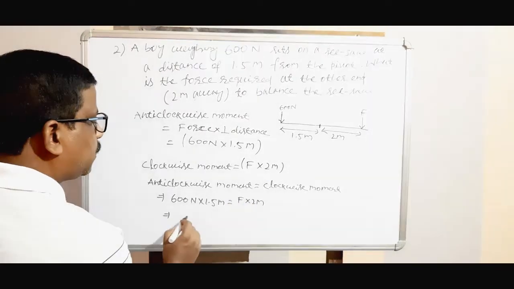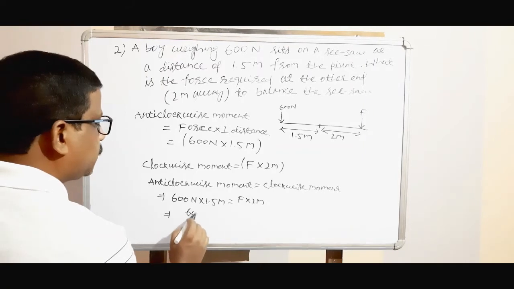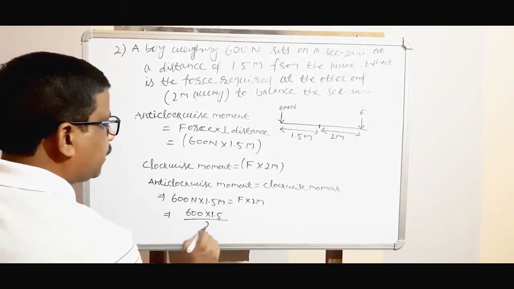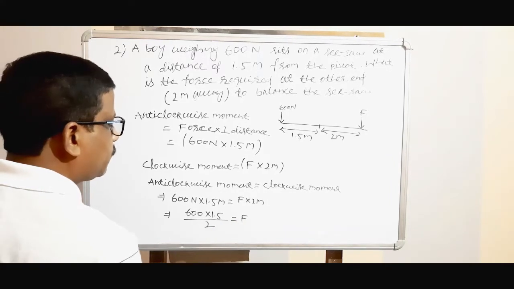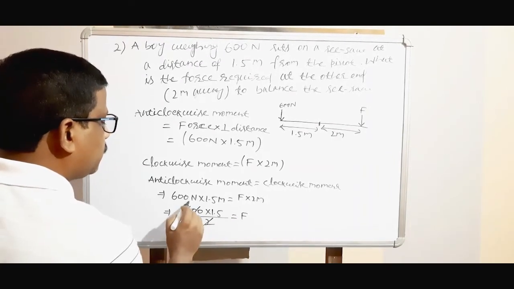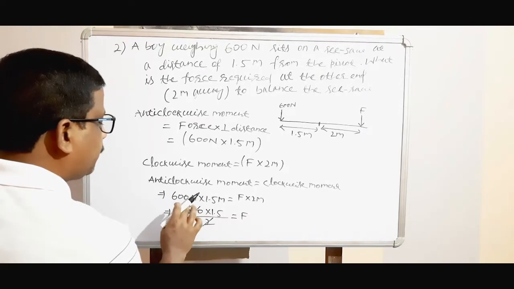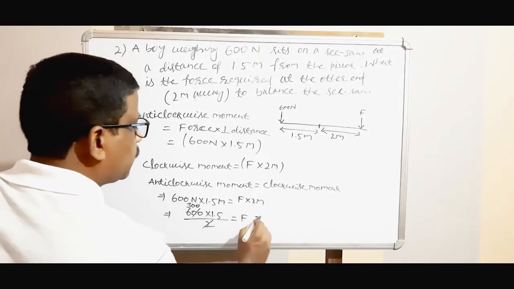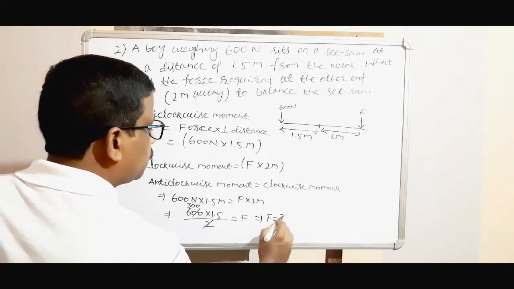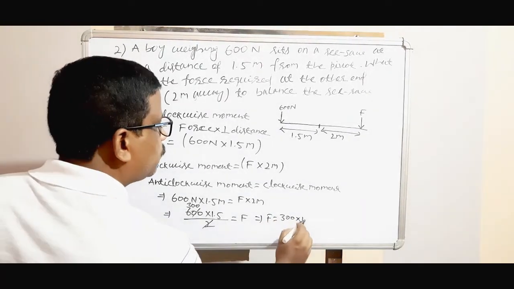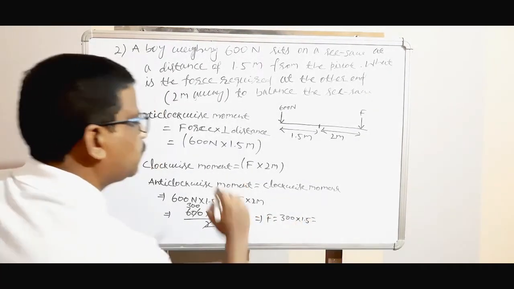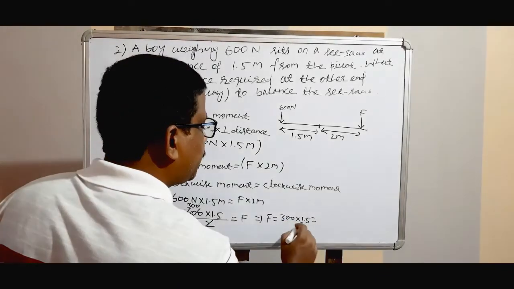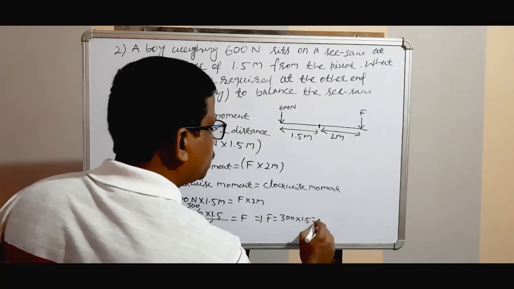So F is equal to 600 into 1.5 by 2. 2 cancels, 300. So F is equal to 300 into 1.5. So it will be 300 into 1.5, how much?